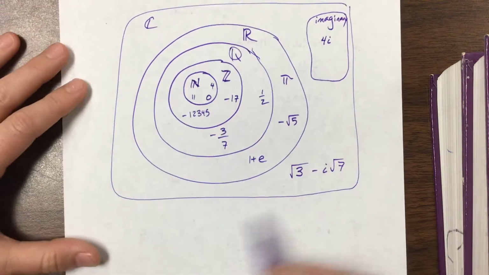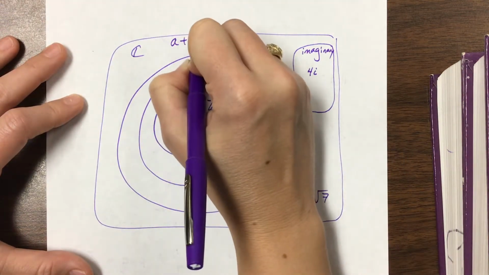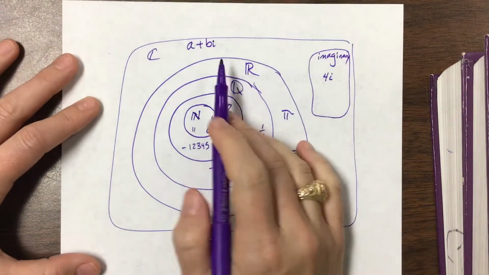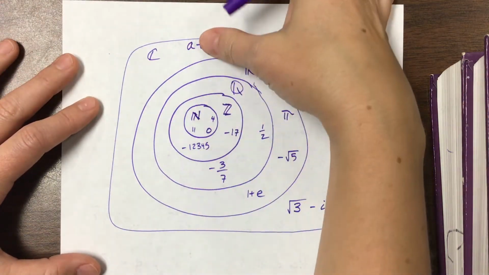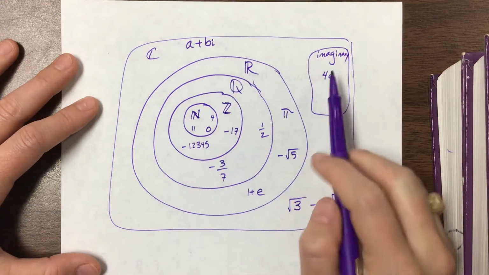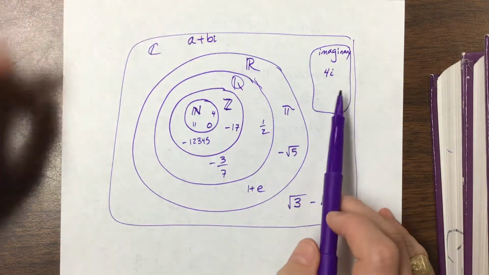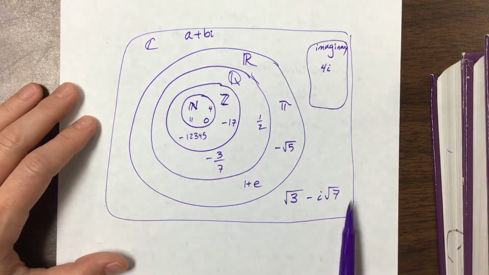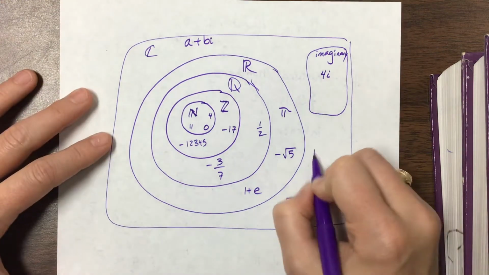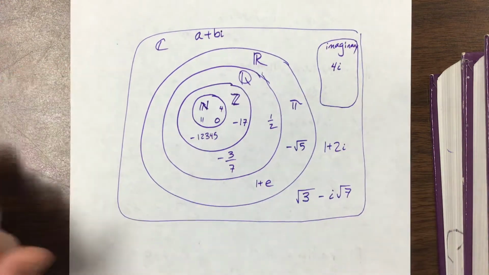Basically the complex world is in the form a plus bi. If b is 0, that means it just has a real part, and that keeps you inside this circle. If a is 0, then you just have the imaginary part, so you're in that world. But if you have an a and a b, something like 1 plus 2i, that would be complex. But they all live inside the world of complex numbers.